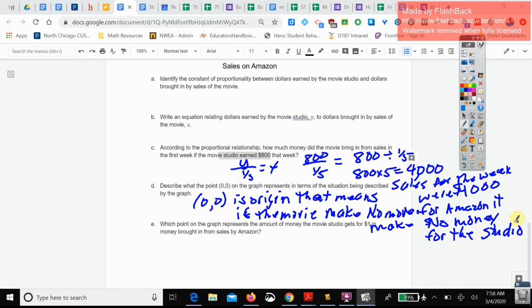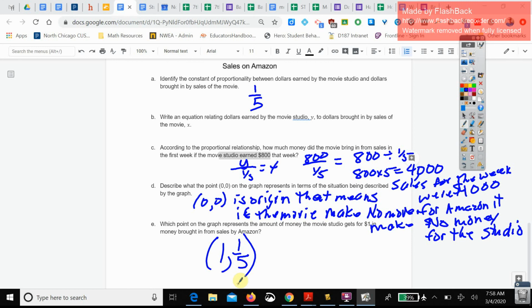And E, which point on the graph represents the amount of money the movie studio gets for $1 in the money brought in from sales by Amazon. That's the unit rate one. And our constant of proportionality was 1/5, so (1, 1/5). So what does that mean?